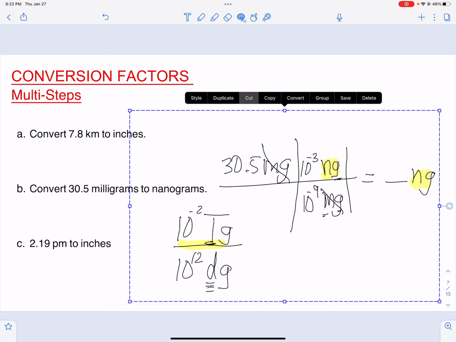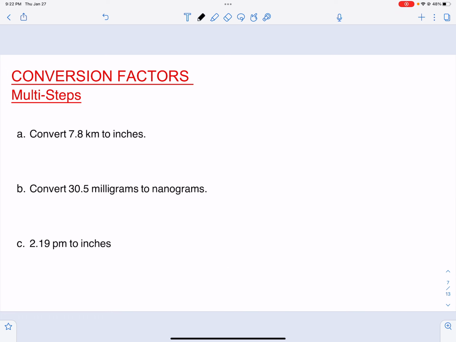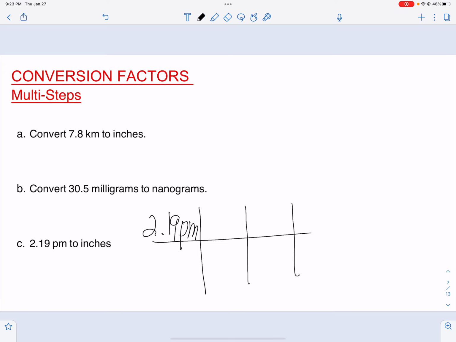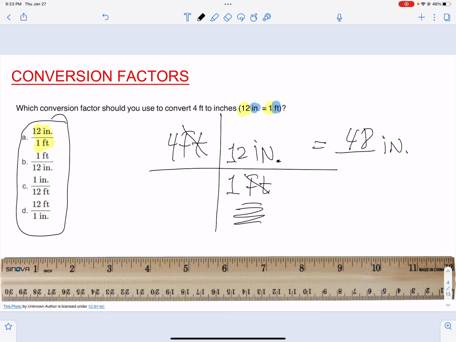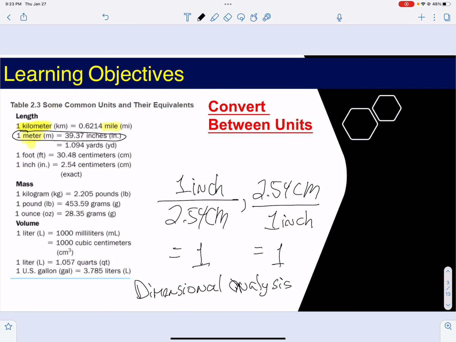So on the last problem, we're gonna go from 2.19 picometers all the way to inches. So how do I do this? Well, let's go to the table. Can we connect picometer with inches? Most likely not.